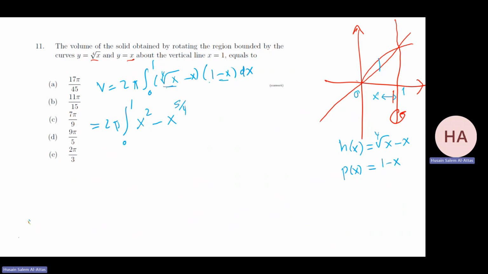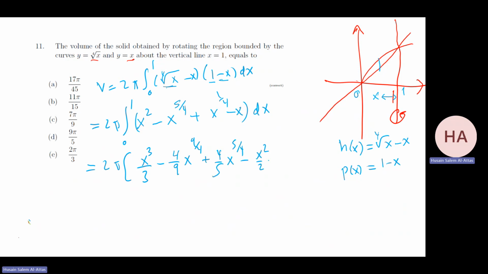And this times this, give me plus x to the power 1 over 4 minus x dx. Now let me do the calculation. X cubed over 3. I add 1, that will be 9 over 4. That is 4 over 9 x to the power 9 over 4. This is 4 over 5 x to the power 5 over 4 minus x squared over 2.